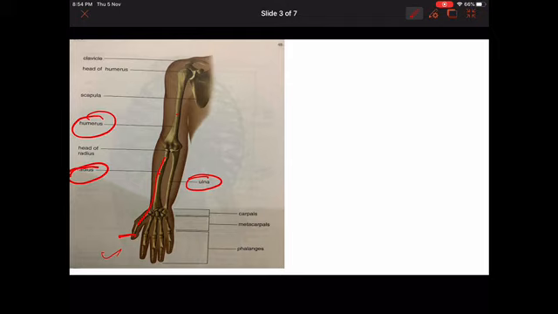Then wrist bones are called carpals, palm bones are called metacarpals, and the finger bones are called phalanges. Phalanges are small bones, 1 2 3. Each finger has three bones. Actually the number is also very important, so we can discuss here.